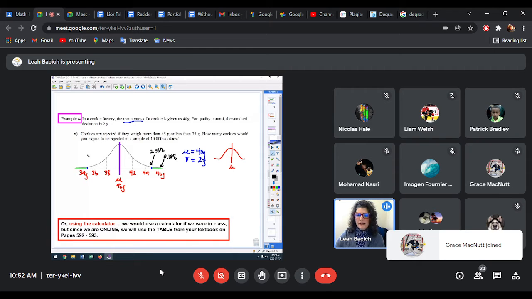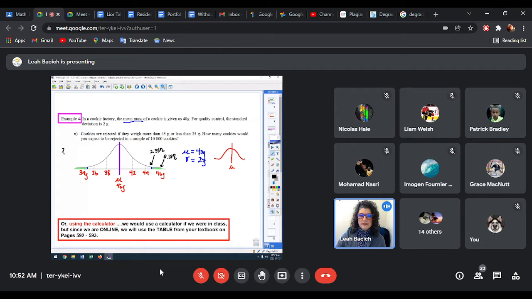So together, if I add those up, 2.35% and then 0.15%, I get 2.50%. Okay, so it's definitely under 2.5%, but I'm now pushed into this other bin between 44 and 46 because that's where 45 grams would be.